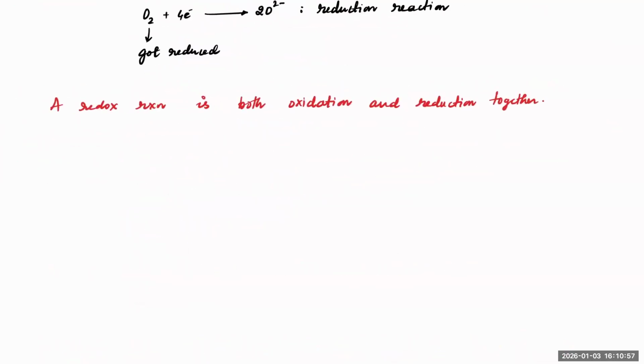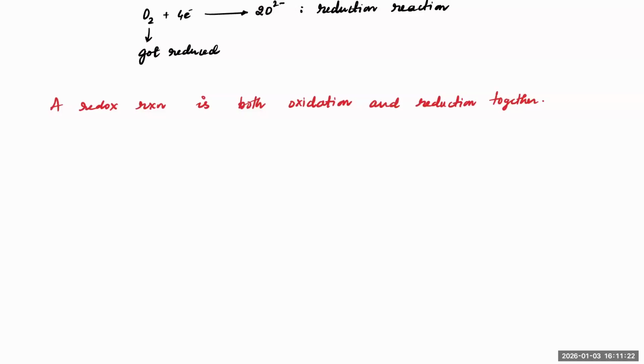Now, to identify whether an element is getting oxidized or reduced, we should be able to understand it without actually showing the electrons, without any idea about how the electrons or oxygens or anything is being transferred.